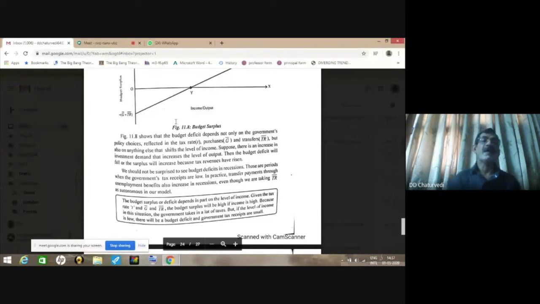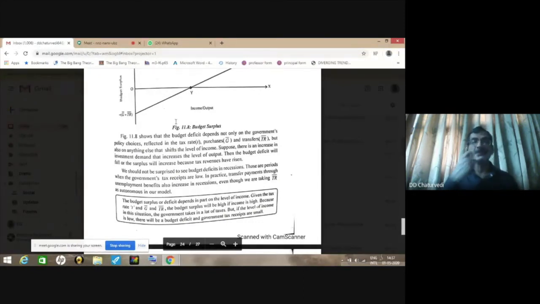And this we find from figure number 11.8. In this situation, the government takes a lot of revenue in the form of taxes. But when the level of income is low, like what we are finding even today, there will be a budget deficit and the government tax receipts are also going to be small.